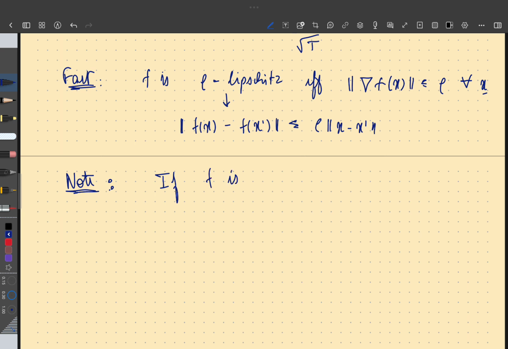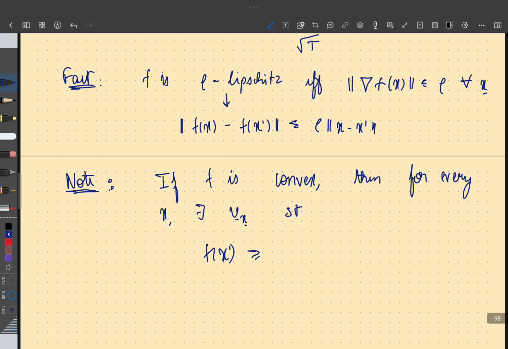If f is convex, then for every x there is some vector v that can potentially depend on x, such that f of x prime is greater than or equal to f of x plus v_x transpose times x prime minus x.